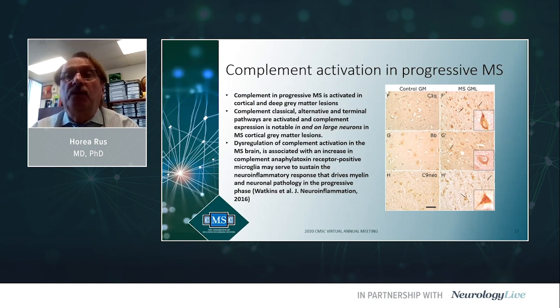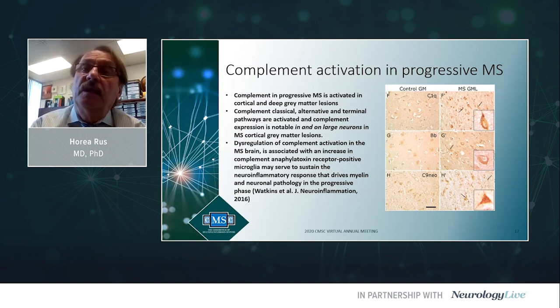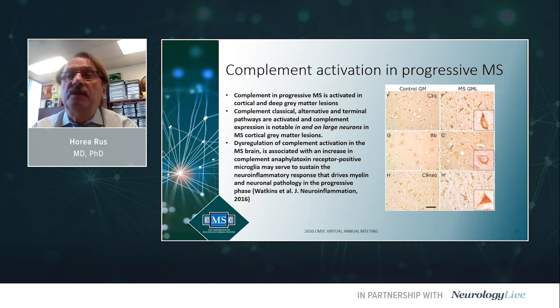On the slide, we see that control gray matter doesn't have any C1q or factor B or C5b-9 neoantigen deposits.